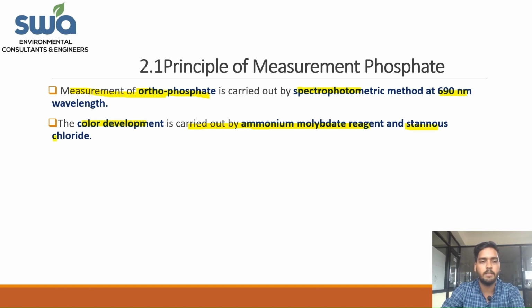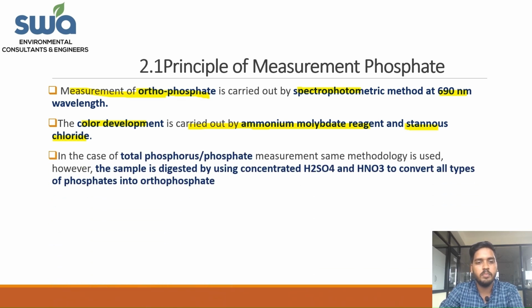If the sample contains orthophosphate and you add the ammonium molybdate reagent, molybdophosphoric acid will get formed. If we add stannous chloride to that molybdophosphoric acid, molybdenum blue will appear, which indicates the color development and the presence of orthophosphate in the sample.